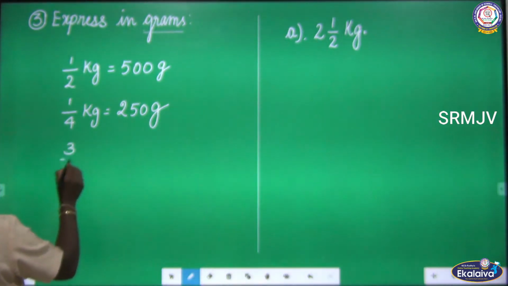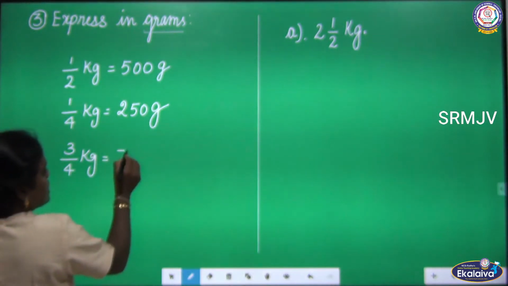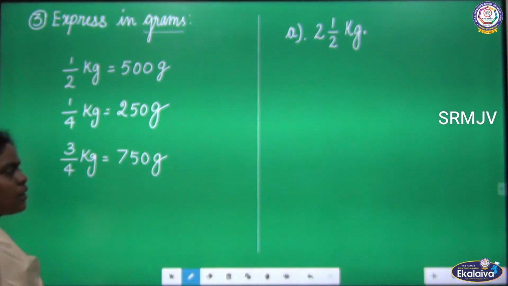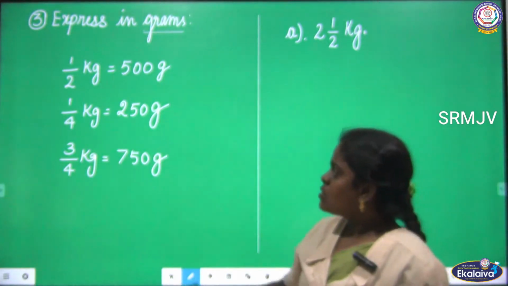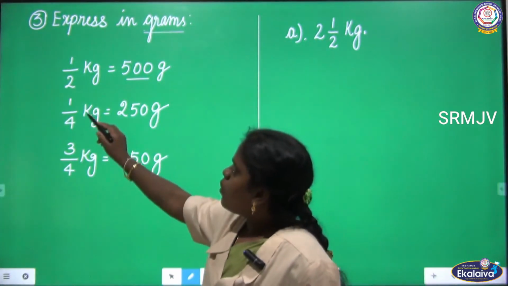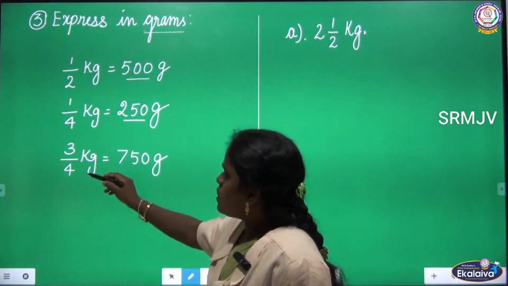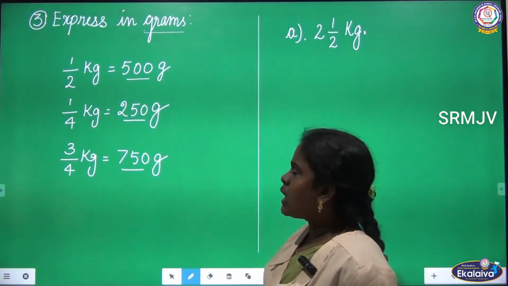And 3/4 kilogram equals 750 gram. So this is the fraction representation in measurement. So 1/2 kilogram equal 500 gram, 1/4 kilogram equal 250 gram, and 3/4 kilogram equal 750 gram.